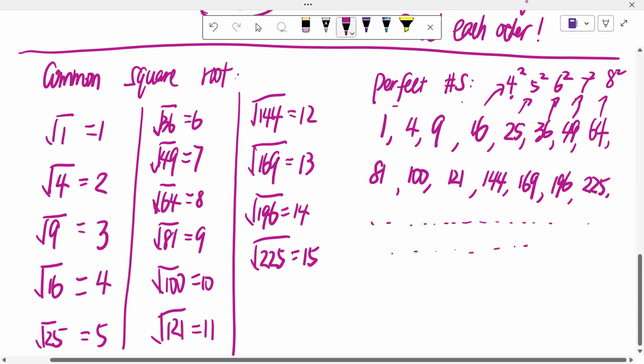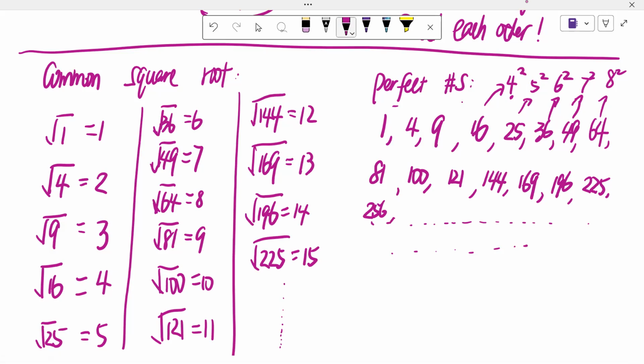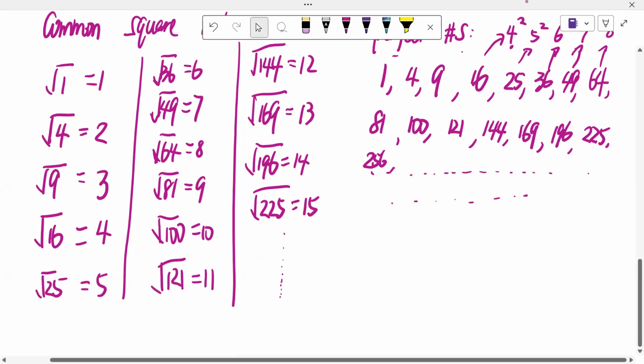And we can keep going, but we don't need that, right? This should be sufficient for now, you know. The next number will be 256, but it's okay, we can stop right here. Those are the common square roots we can use. And sometimes we need to simplify things, right?